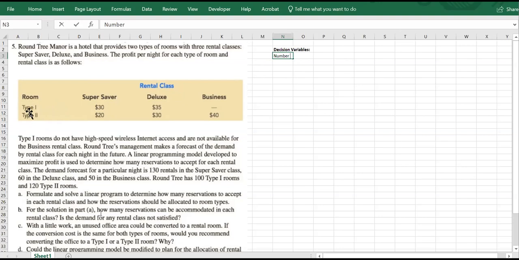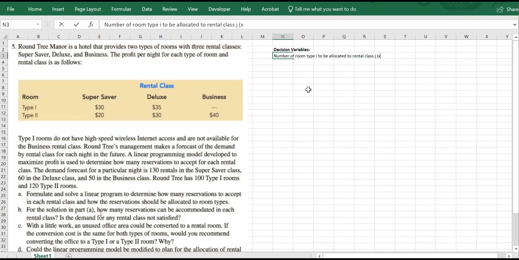The number of type 1 rooms to be allocated to Deluxe, and so on. And the last one will be the number of type 2 rooms allocated to Business rental class. Number of room type i to be allocated to rental class j.